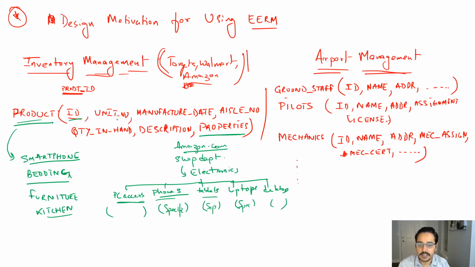They all have an ID, they will all have a unit number, a manufacturing date, an aisle number, quantity in hand, description. But the nature of how you describe the features of those products might not be the same. To take a very specific example, all of these electronics products will have features like screen size, processing, maybe.